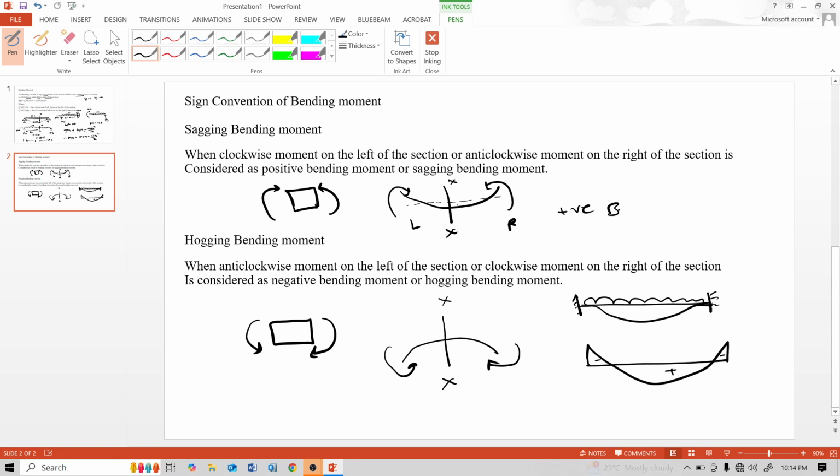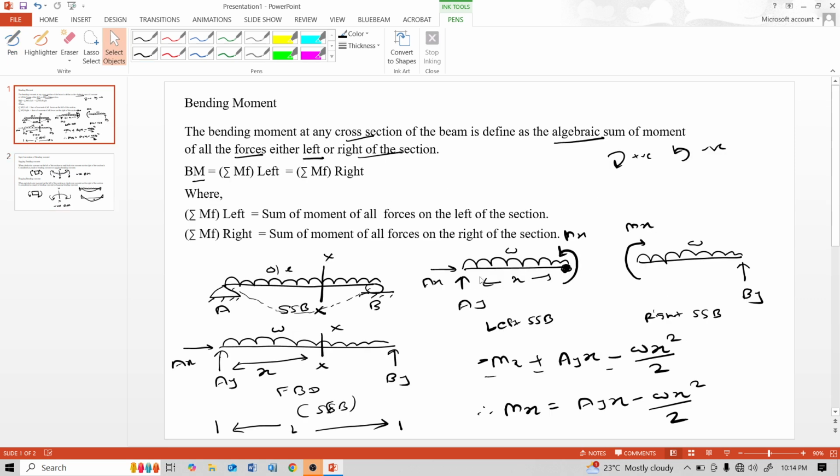Sagging bending moment is positive bending moment and hogging bending moment is negative bending moment. This bending moment terminology is also very important in structural design.